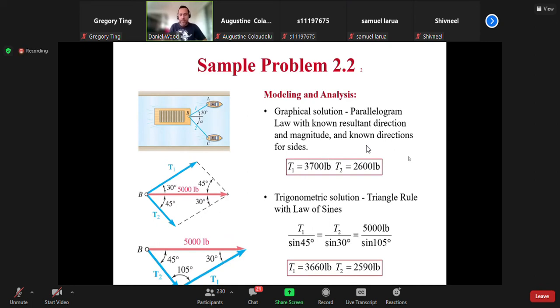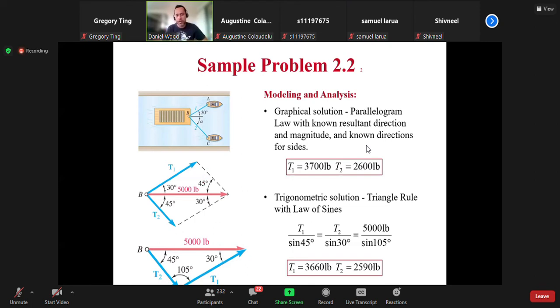So the trigonometric solution is the one that I'd already discussed earlier. You've got the 5,000 pounds. You then draw your T2 or you draw your T1. And from that, you know your internal angles.